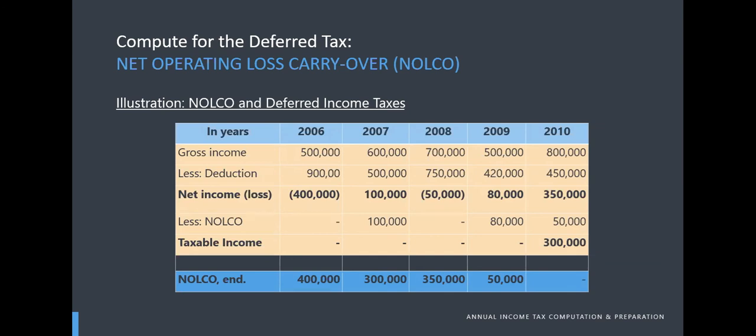So from 400,000, the ending balance of the NOLCO in 2007 is equivalent to 300,000. In 2008, again, the company encountered a net loss. So the amount of taxable income is equivalent to 0. So this 50,000 will be added to the ending balance of the NOLCO. So from 300,000, it will become 350,000.